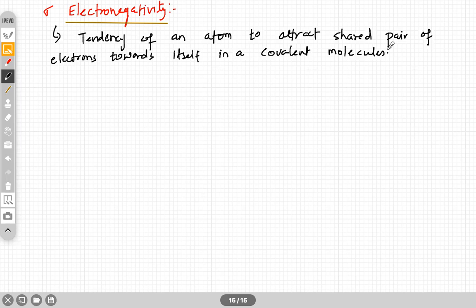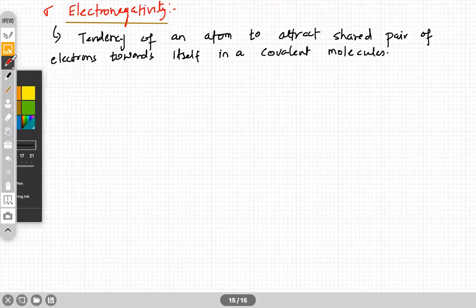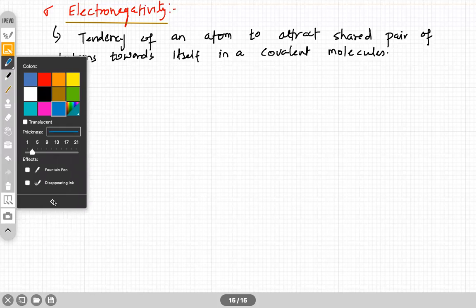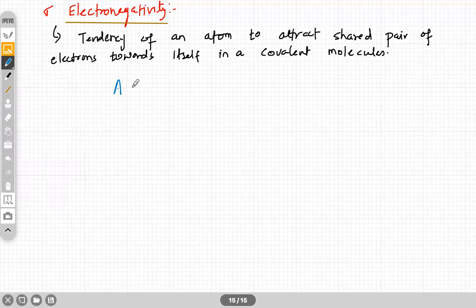Suppose we have a covalent molecule AB, right? So this is the electron pair we have between A and B. What happens is the bond pair of electrons is more inclined, or we can say it is shifted, towards the more electronegative atom. This is the electron density I am representing here.